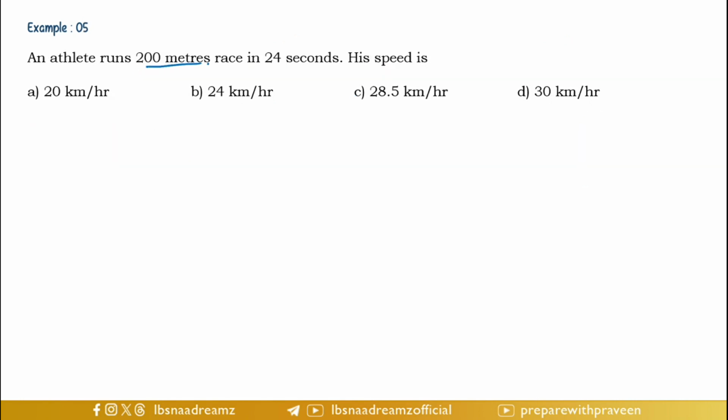An athlete runs 200 meters race in 24 seconds. His speed is... So we have to find the speed according to the diagram d s t. So to find the speed, the formula is distance by time. Speed is equal to distance by time.